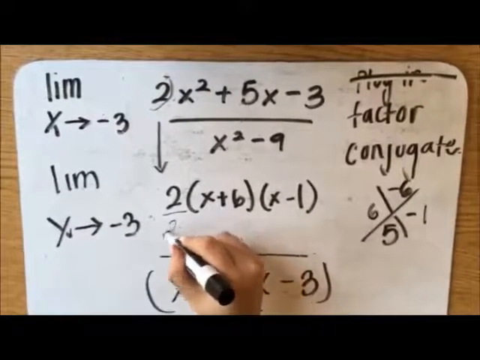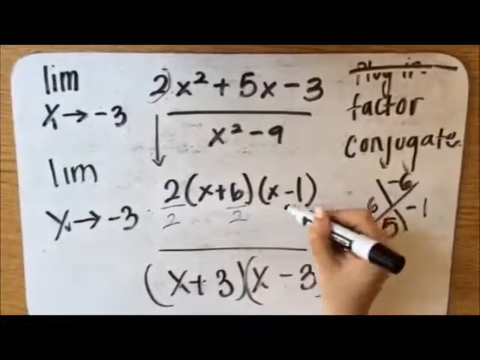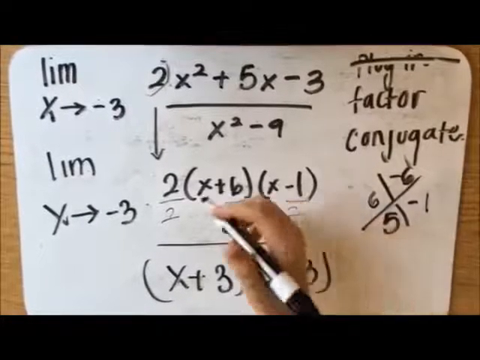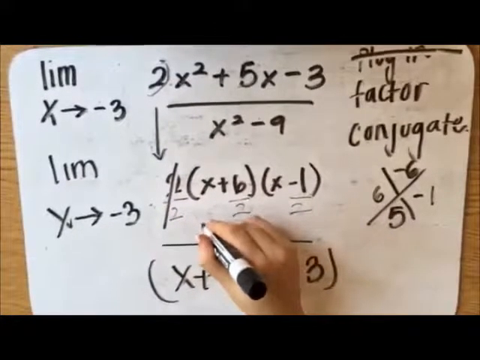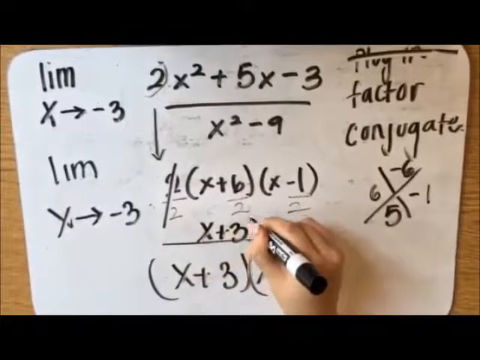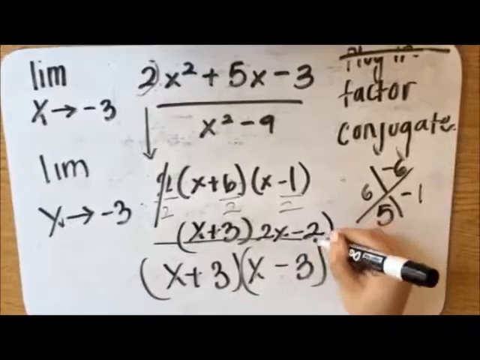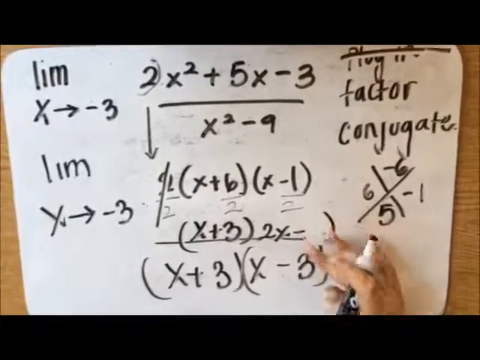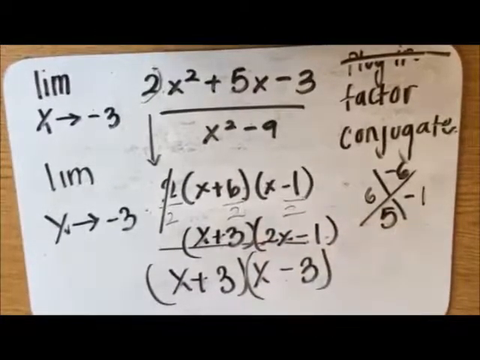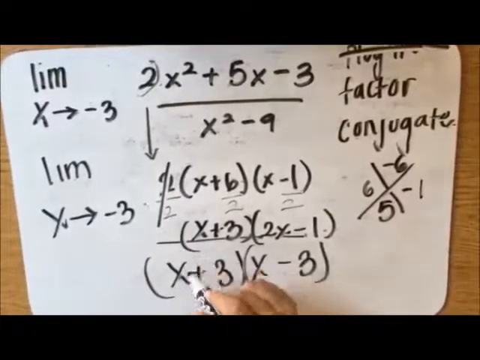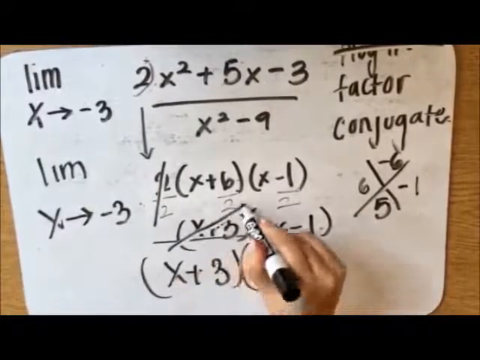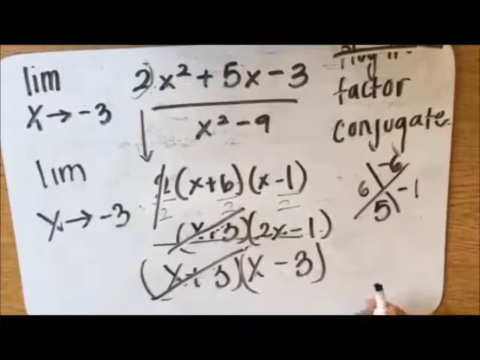So now we're going to divide the 2 into both factors. This cancels. This becomes x plus 3. And this becomes 2x minus 2, minus 1. And now, since we have the common factors on the top and bottom, we're going to cancel them.